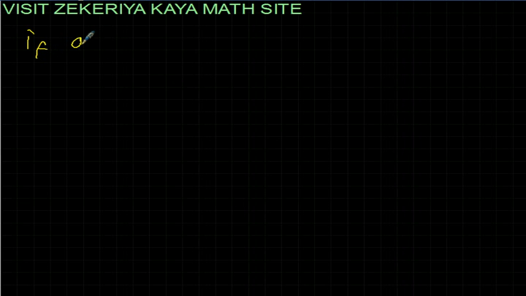If A times B is equal to, let's choose a number, 48. Find the ratio of, what's that? I didn't understand that.